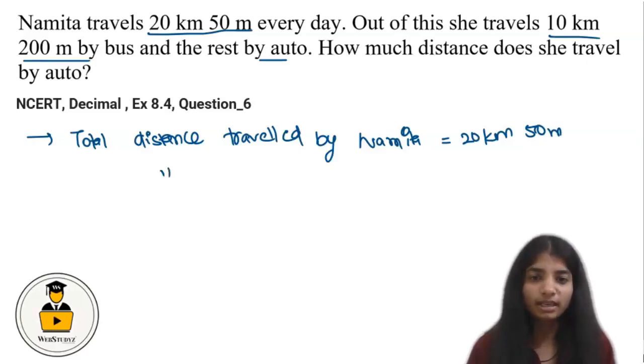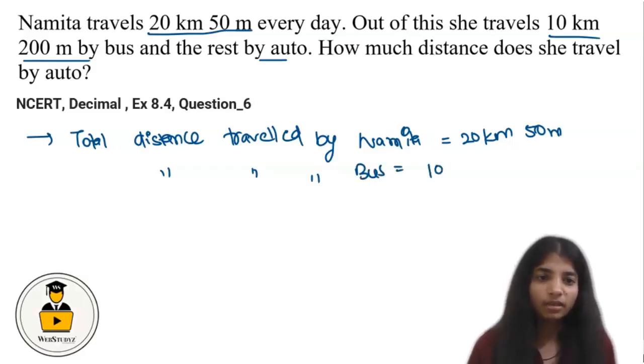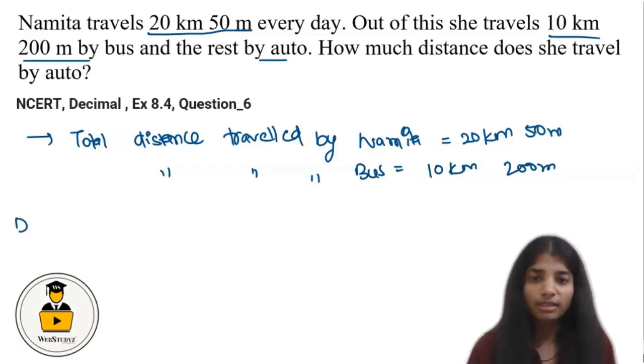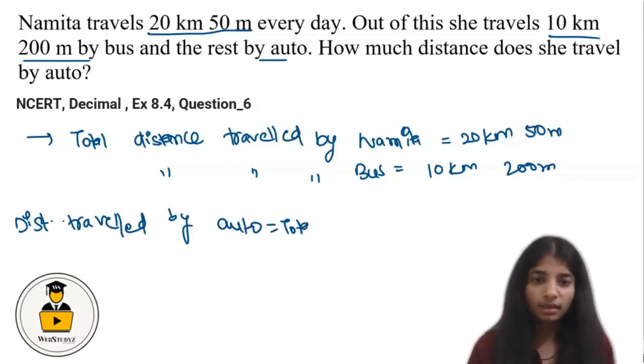So we can say that the distance traveled by bus is equal to 10 kilometer 200 meter, and the rest is traveled by auto. So the distance traveled by auto is equal to the total distance minus the distance traveled by the bus.